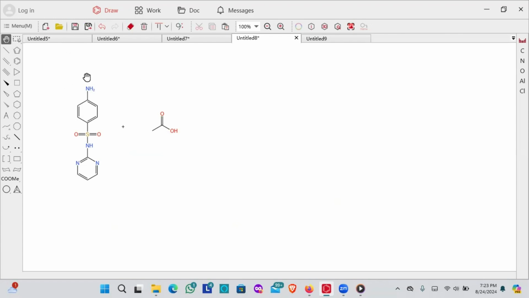So with this as the sulfadiazine, let's write that down, sulfadiazine, and this as the carboxylic acid. And the hydronium ion, which is H3O plus.